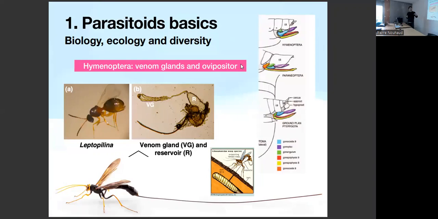So they use these ovipositors to reach hosts in very different places, even very deep burrowed in woods, for example. And the venoms are really important because they can paralyze their hosts, sometimes permanently, sometimes just for a while. And these are really important pre-adaptations for the success in the parasitic way of life.